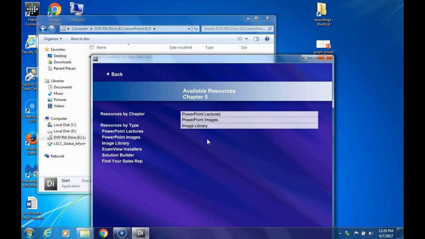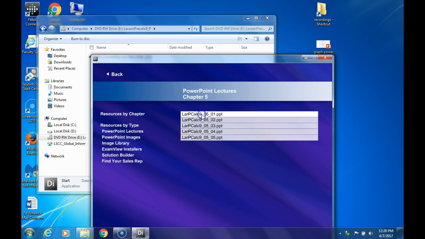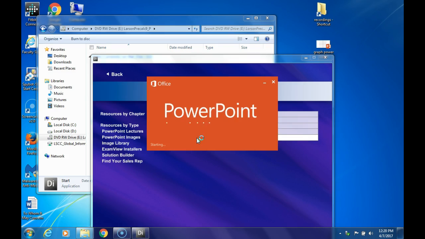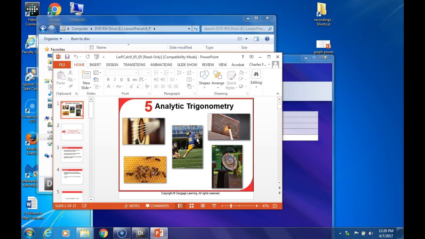Okay, Chapter 5, Analytic Trigonometry. 5.5 is what we're starting today, if the PowerPoint will ever open. And for some reason, I don't know why the projector won't project just because I don't have it plugged in.